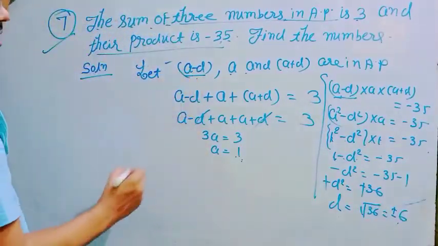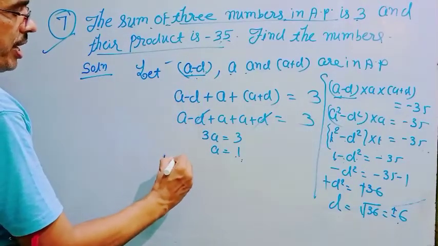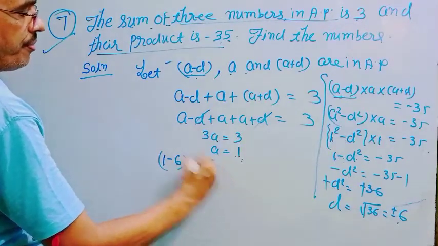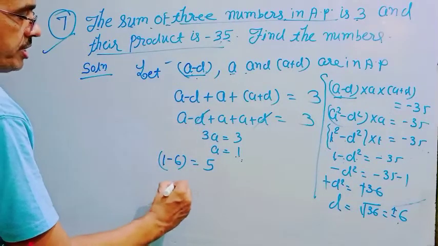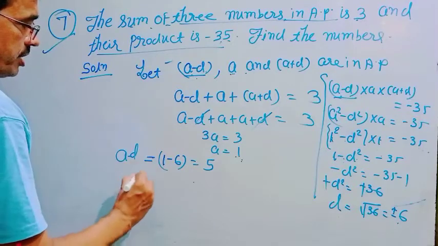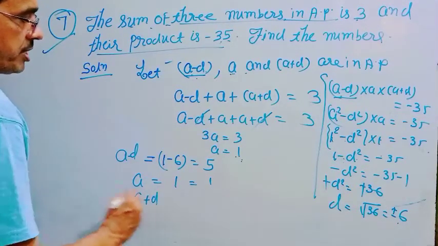Then what are the numbers? First number is a − d, then 1 − 6. What do you get? You get −5. Second number is a, that is 1. And third number is a + d.